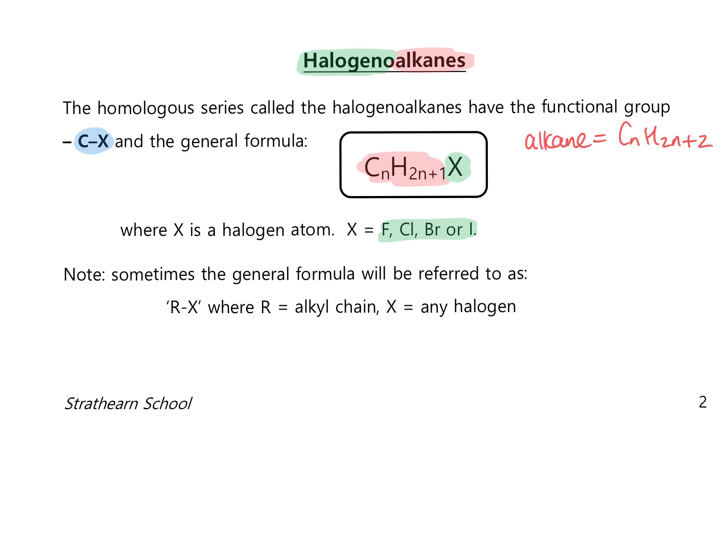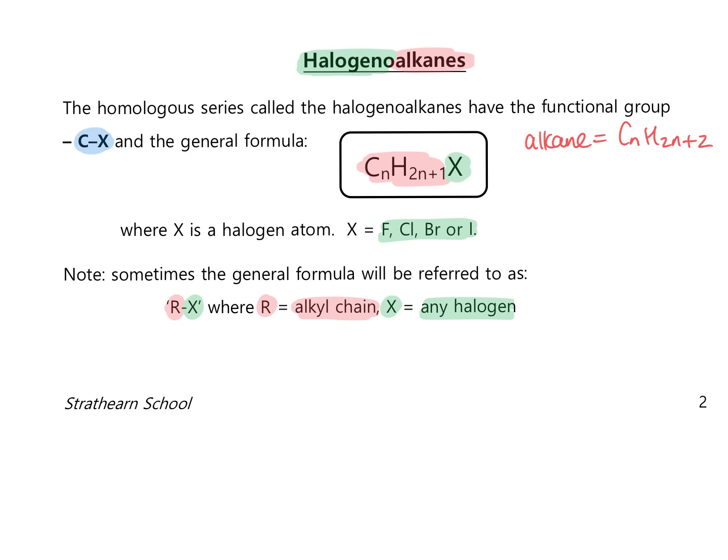Sometimes to simplify that down even further, and we will use this later on in our topic when we look at reactions, the general formula can be referred to as RX, where R is the alkyl chain, so the carbon chain, and X is any halogen. And remember, don't get confused by this term alkyl.